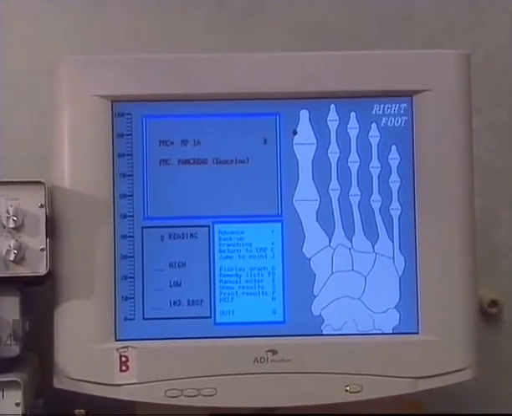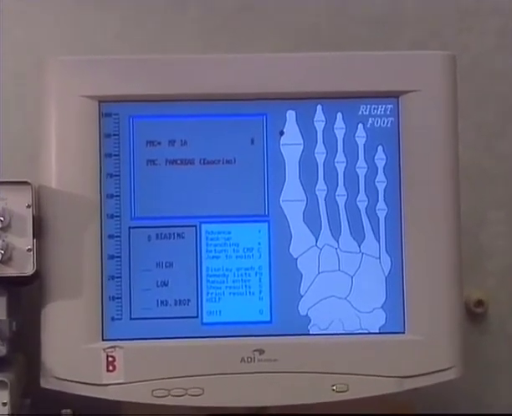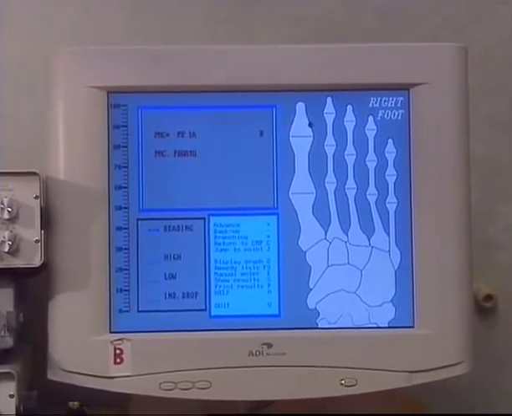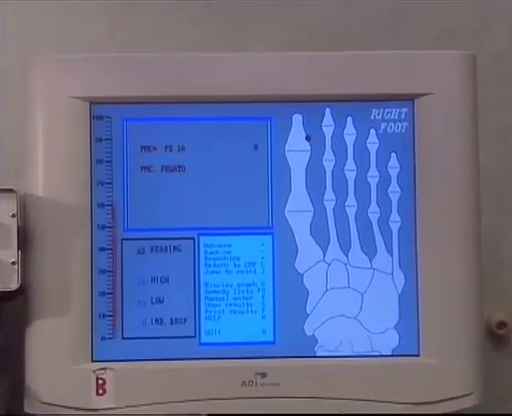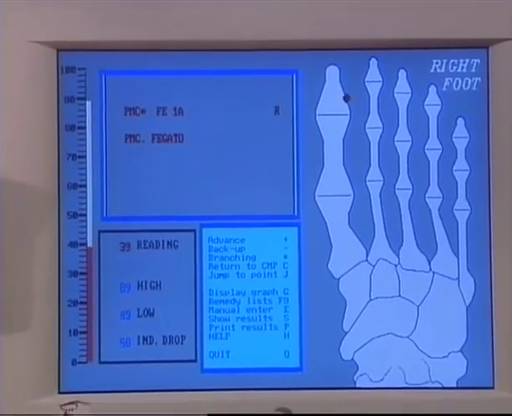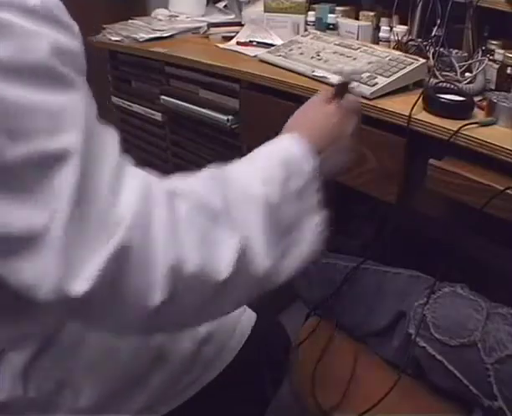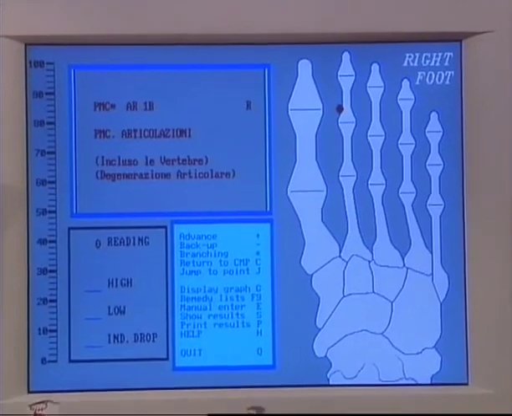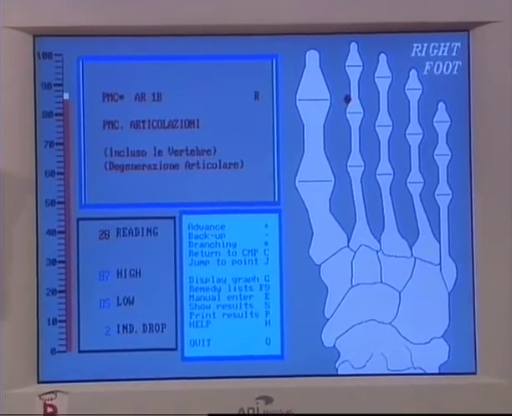We will now move on to the feet. Here we are analyzing the meridian of the pancreas. Now the liver. Here it's dropping a lot. In fact, this is the organ which has shown the greatest fall in the index.